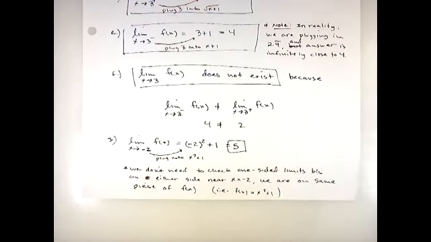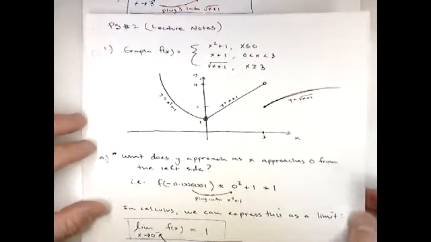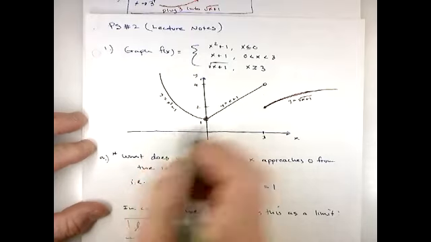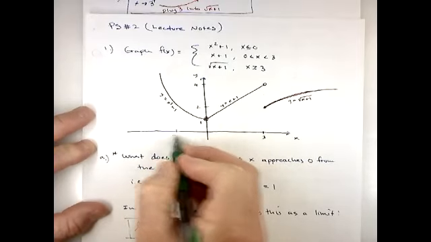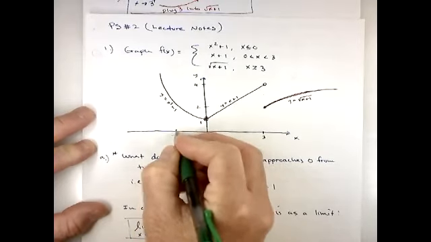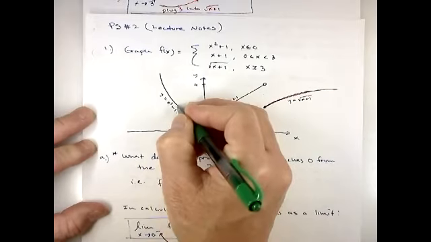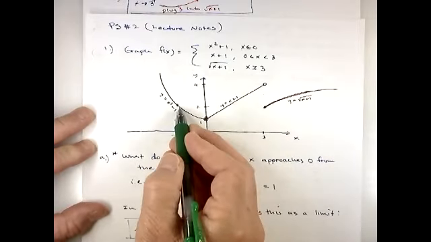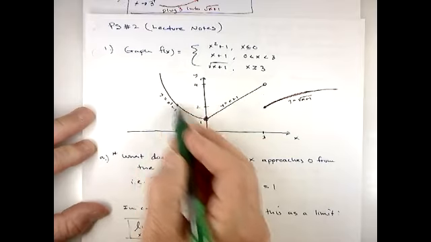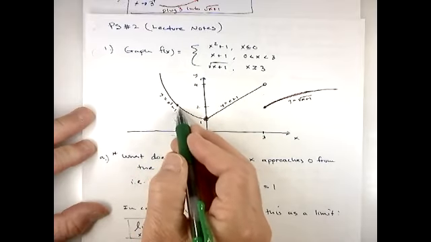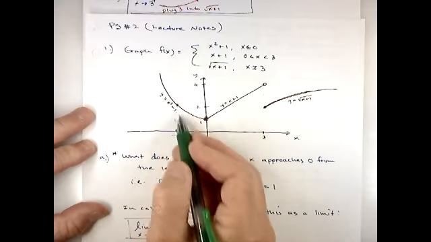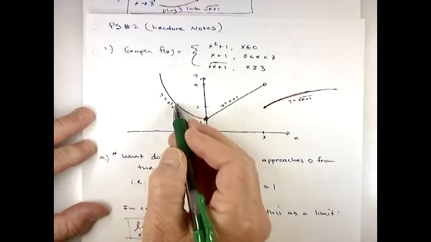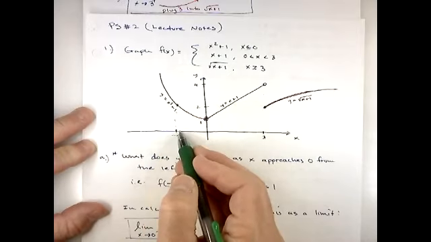Now, it's also worth noting that if x was approaching a value, like let's say right here at -2, when x is near -2 from either side, from the left or the right side, we're approaching the same y value if you get close to x equals -2 from either side.